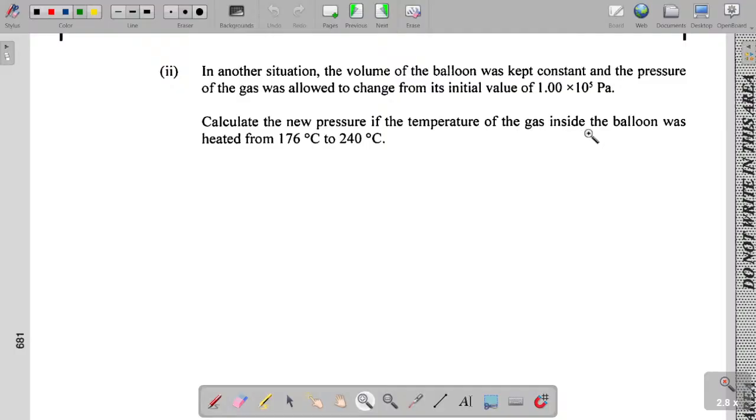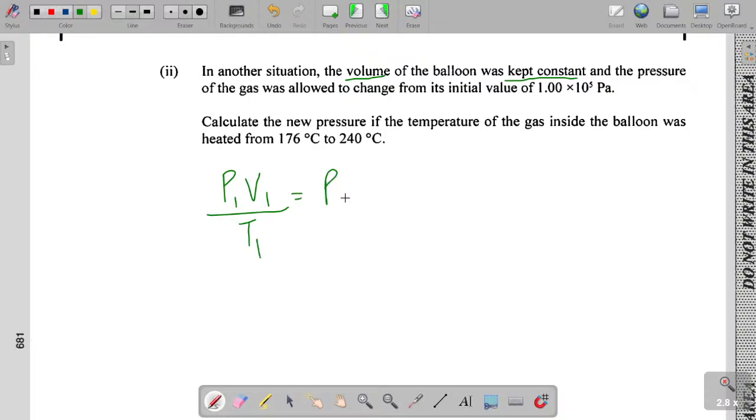The temperature of the gas inside the balloon was heated from 176 to 240. So we're using the same temperature. However, now what is kept constant is the volume. So again, all you need to do is write back your combined equation.